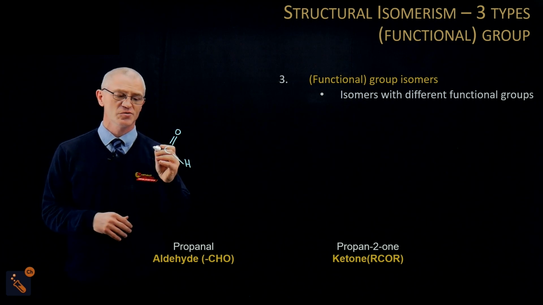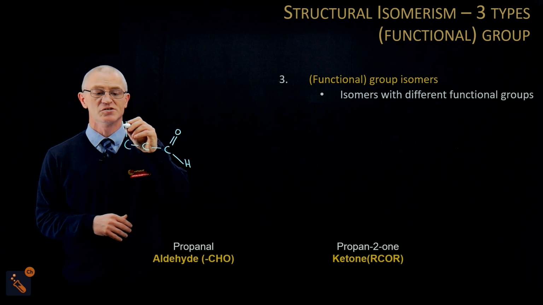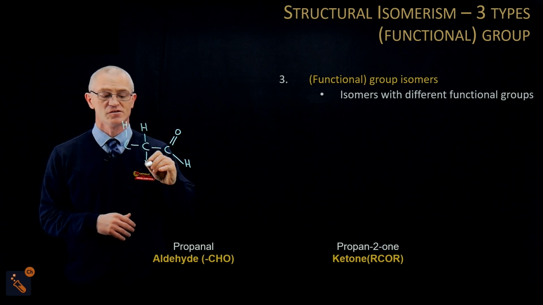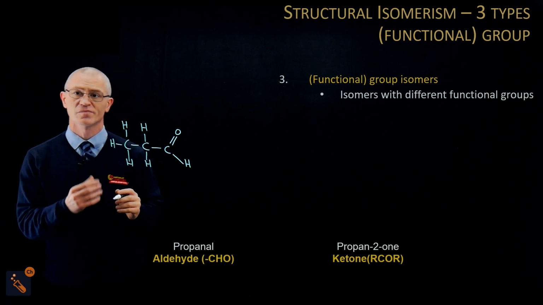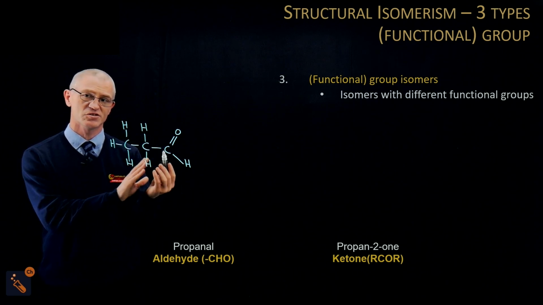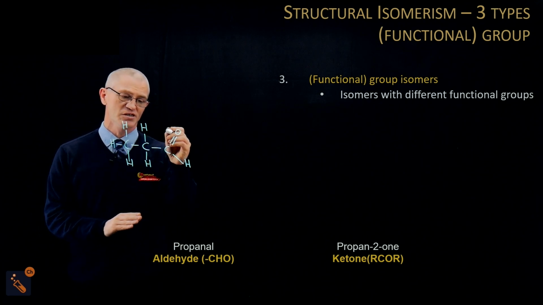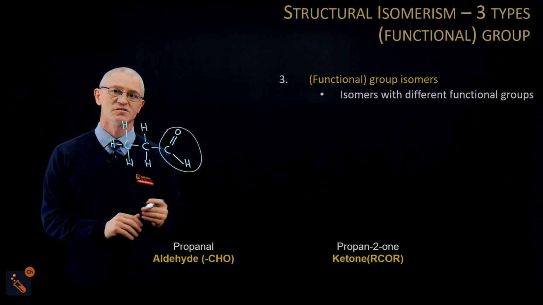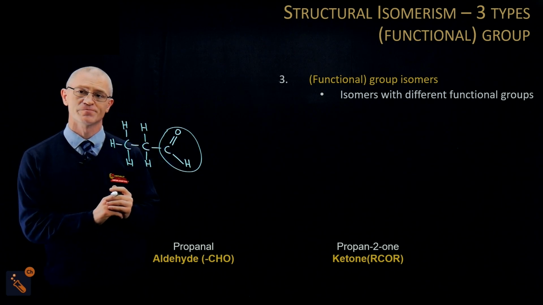So if we do propanal, I'm going to do this one in displayed formula just because we're introducing this aldehyde functional group. You've got propanal, so all you're doing is making it 3 carbons long because of the prop. The al is this bit here, so there is your al, and that is propanal.